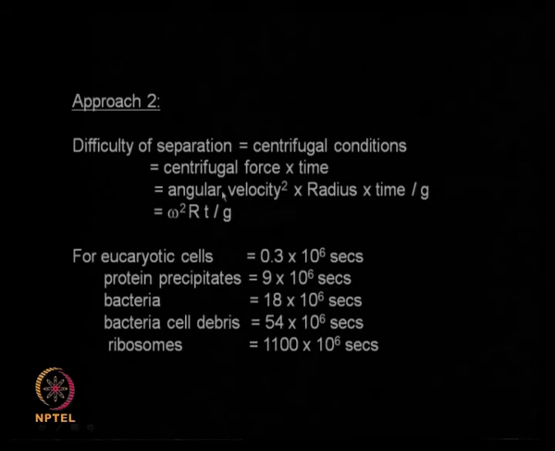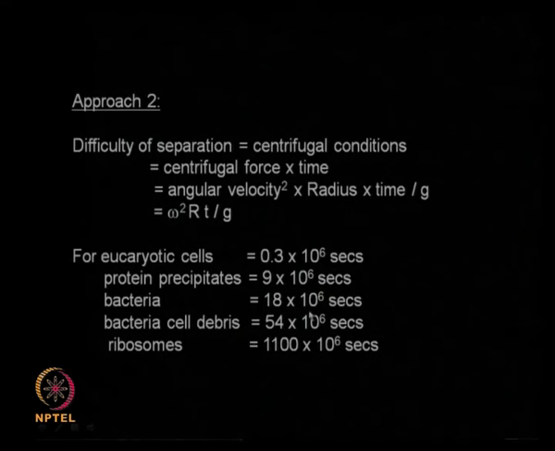Centrifugal force is calculated using the angular velocity, the radius of the centrifuge and the time, and of course the g comes there. So, difficulty of separation is given by omega square r t by g. When you move from small scale to large scale, you can keep this omega square r t by g as a constant.